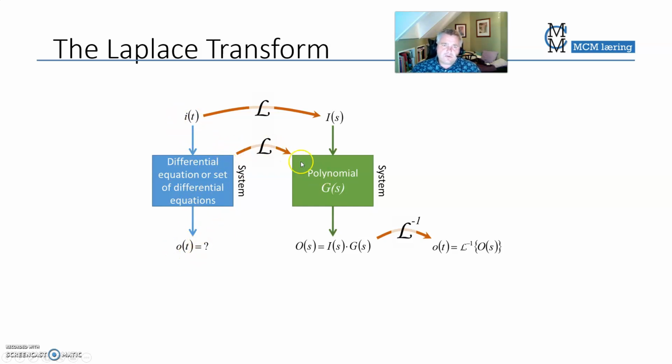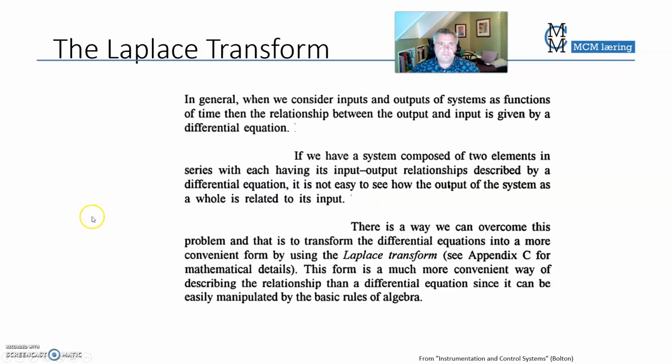You convert to frequency plane, but you only use it as a tool in order to work with polynomials instead of differential equations, and then you can do the inverse Laplace transform at the end. And tools like MATLAB, for example, have brilliant tools for working with these Laplace systems instead of working in the differential equation world.